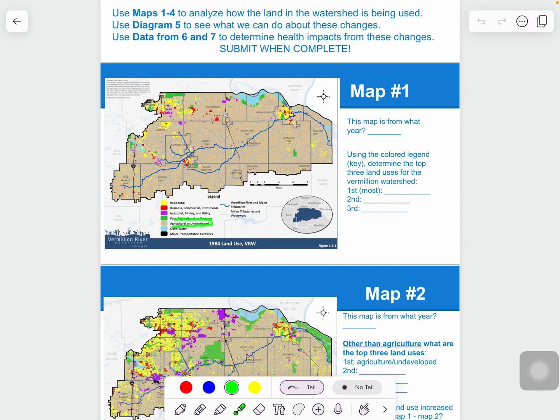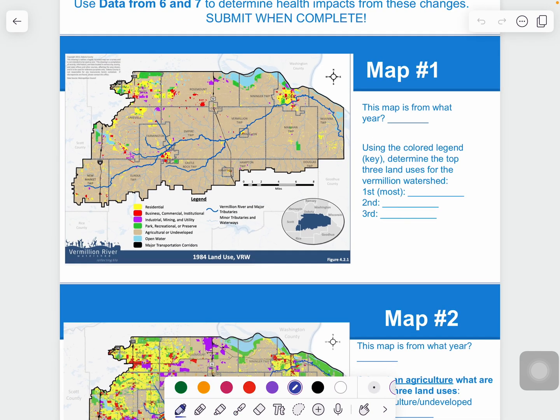That is our agriculture or undeveloped. So 2 very different environments, but that's how they've linked them together here. Remember, agriculture is a fancy word for farming. And undeveloped means there's nothing on it specifically, so just natural ground.